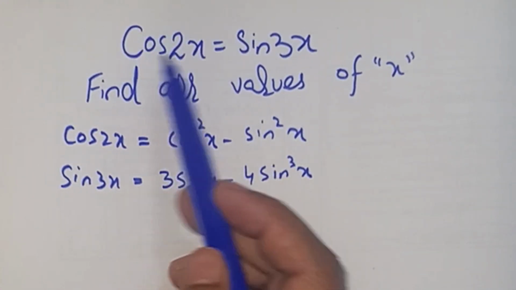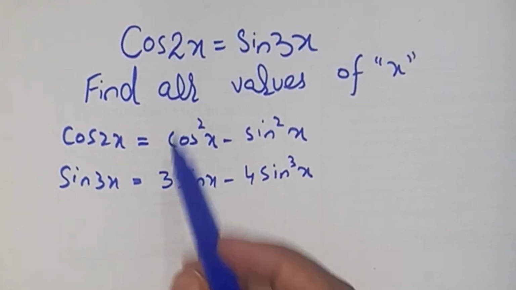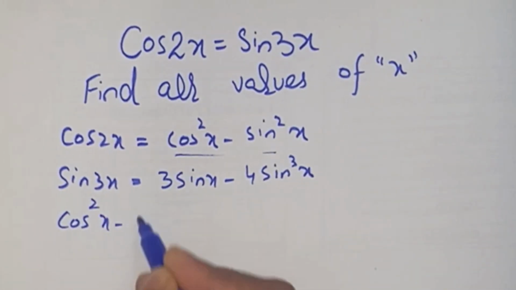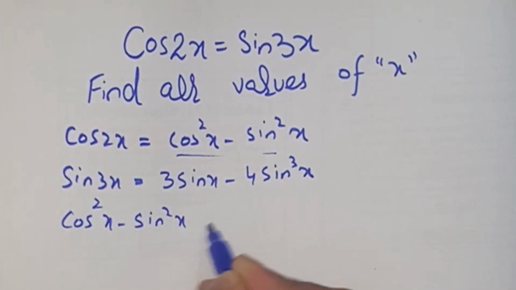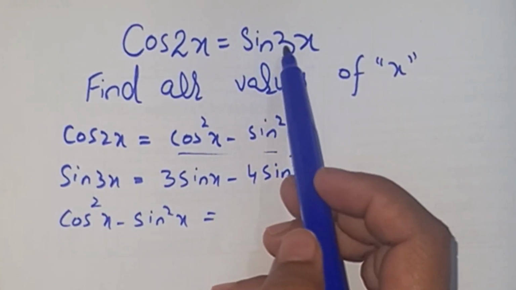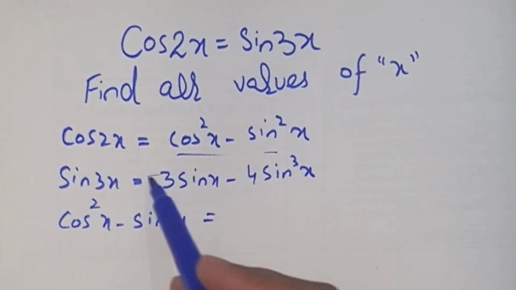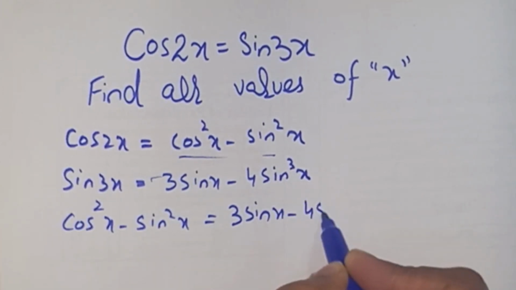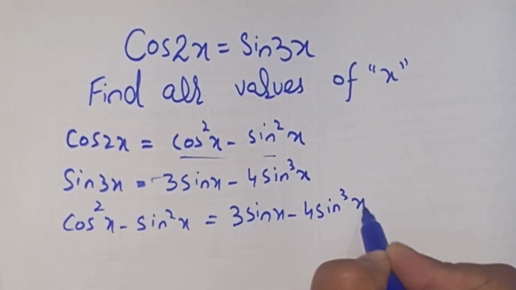On the left hand side we have cos 2x, which is equal to cos square x minus sine square x. On the right hand side we have sin 3x, which is equal to 3 times sine x minus 4 sine cube x.